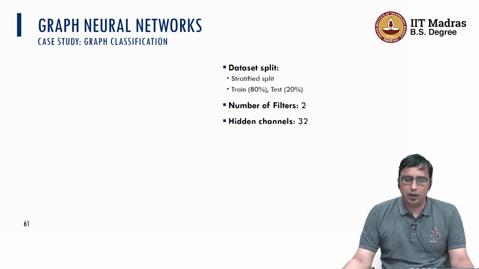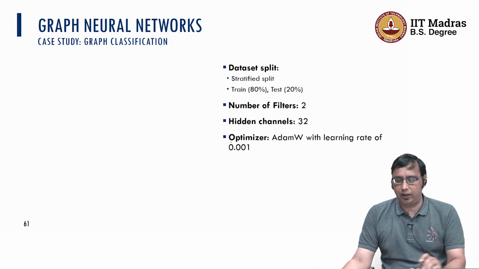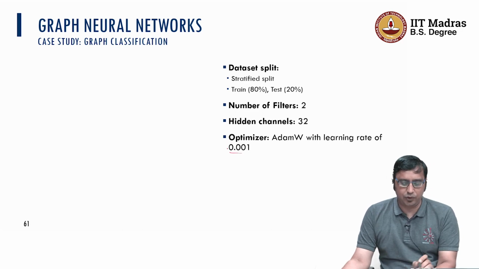The hidden channels are 32, so D out in between is 32. As optimizer, we use AdamW with a learning rate of 0.001.